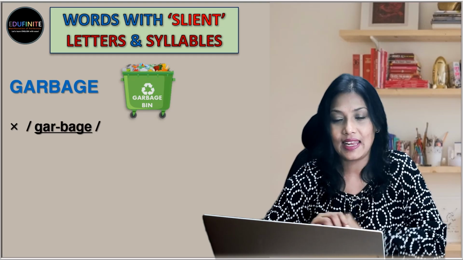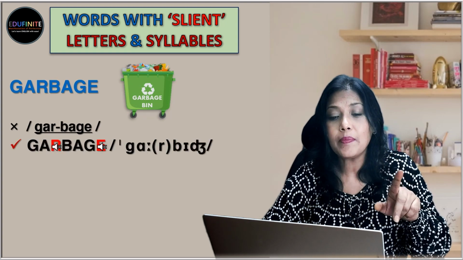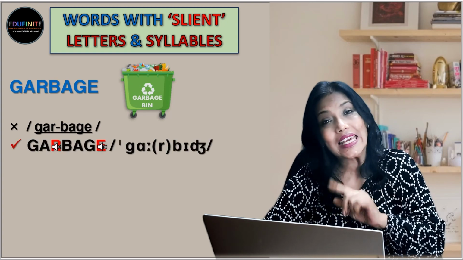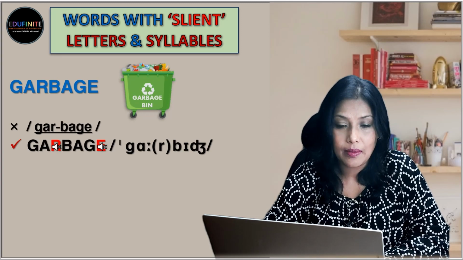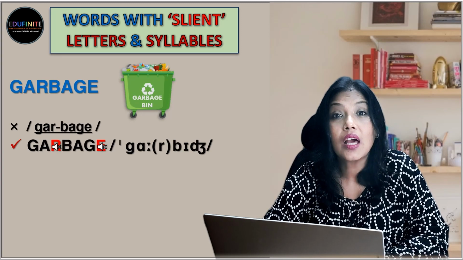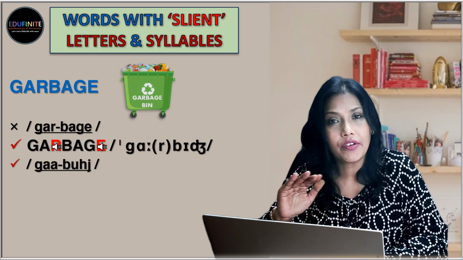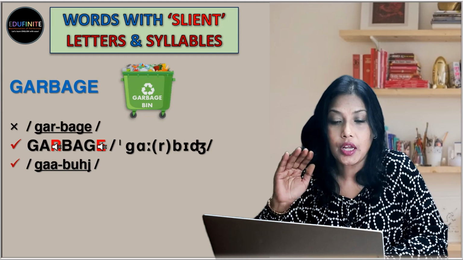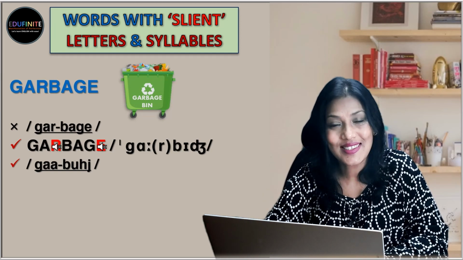Shh, silent letter. Now there are two silent letters over here, the R and the E at the end. So, how do we pronounce it then? Well, it's garbage. The R is silent, so you don't say gar, you say garbage. Now let's look into a sentence.